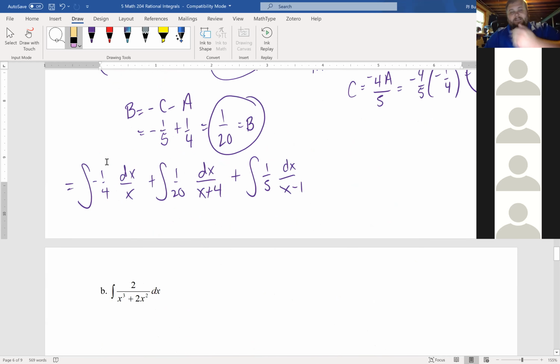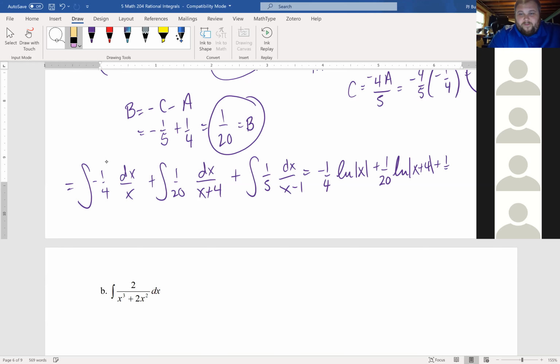Now, these are all really nice integrals because a, b, and c are constants. We can pull all of them out in front, and each one of those integrals is a natural log. So this is going to return minus 1/4 natural log x plus 1/20 natural log x plus 4 plus 1/5 natural log x minus 1 plus a constant.